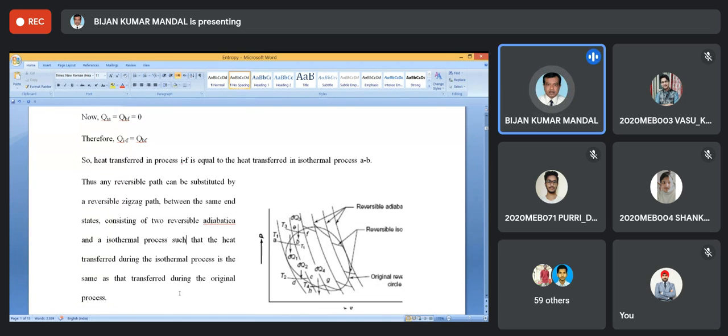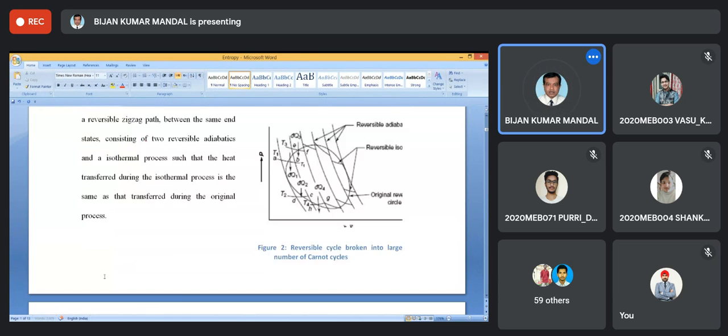Okay, because heat transfer takes place only during the isothermal process.